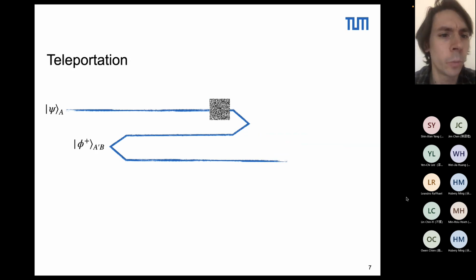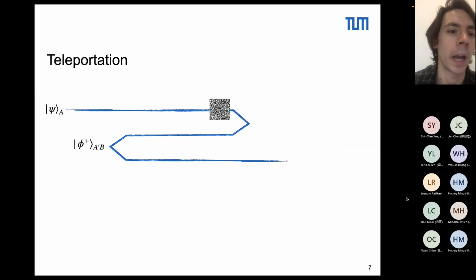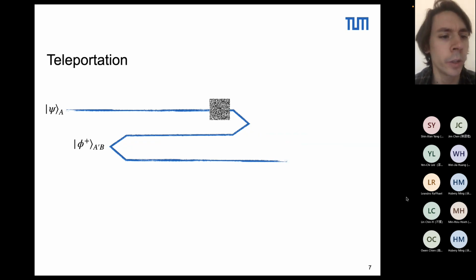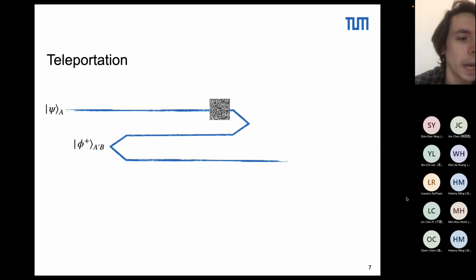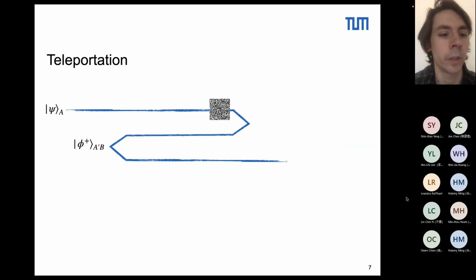So to explain clearly what our circuit does, what our problem is, I'll need to explain in detail what teleportation is. In teleportation, Alice on top has one qubit psi that she wants to teleport to Bob. In this tensor network representation, we have three wires. The top one is the qubit that Alice wants to teleport, and the bottom one is a maximally entangled pair between Alice, in another register, and Bob.